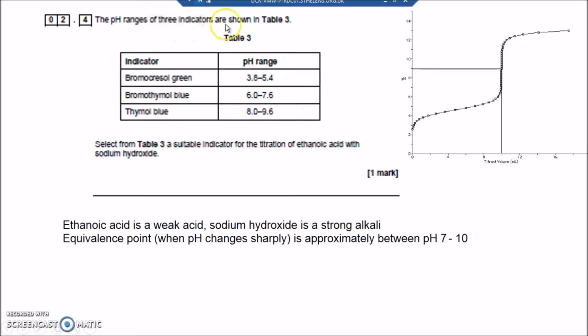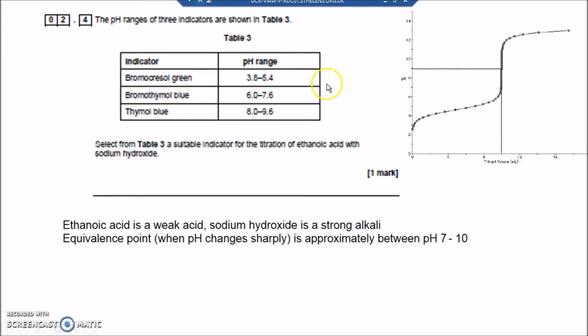The pH ranges of 3 indicators are shown below. Choose a suitable indicator. So what I'm doing is I'm looking for the equivalence point. The equivalence point is where the pH rises very, very quickly. So it looks as if it's rising in this range here, between about 6 or 7, and around about 11, somewhere around that range.